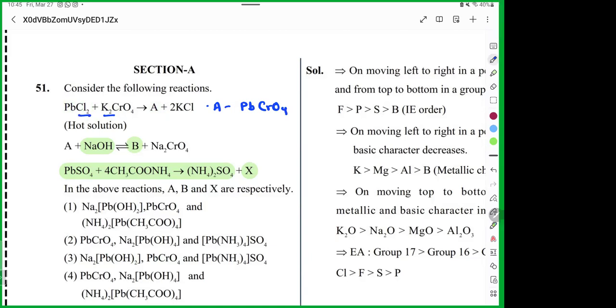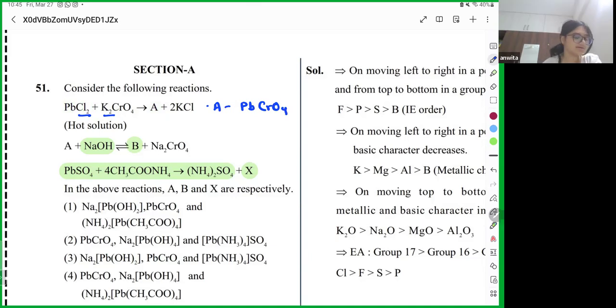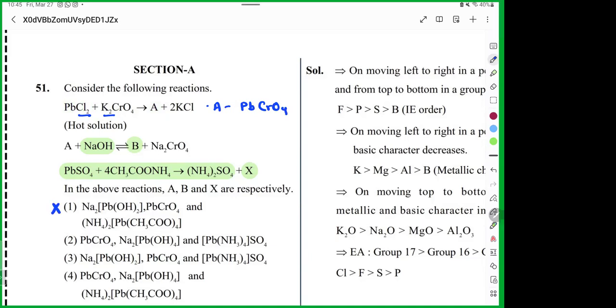These two, K2Cl2, are removed. What is remaining? PbCrO4. So option C is eliminated. Make sense?